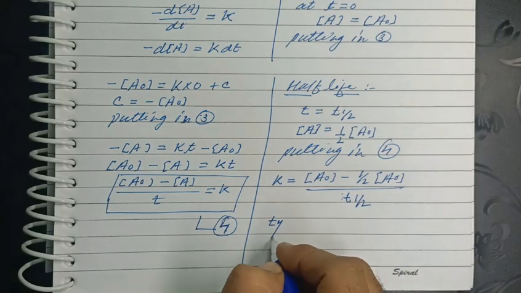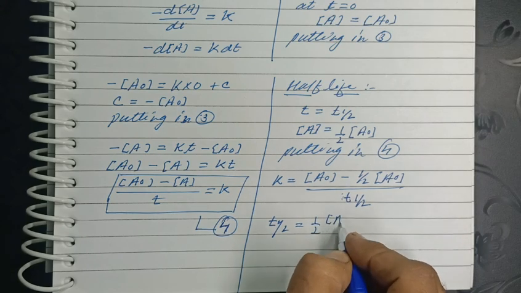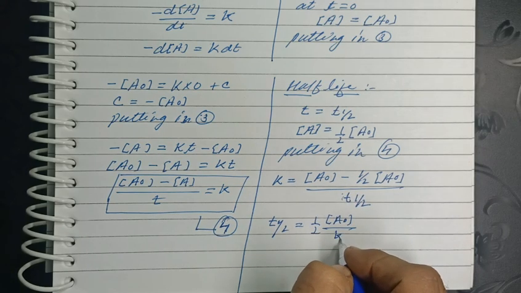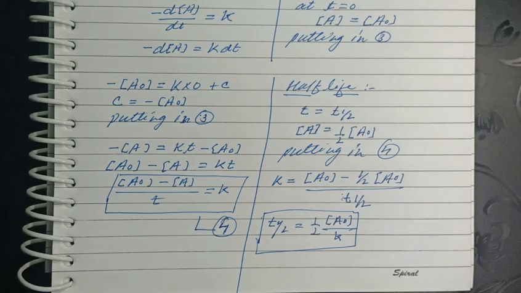T half therefore is equal to 1 by 2 A0 upon K. This is half-life for zero order reaction, and we can see clearly that the half-life of zero order depends upon the initial concentration of the reactant.